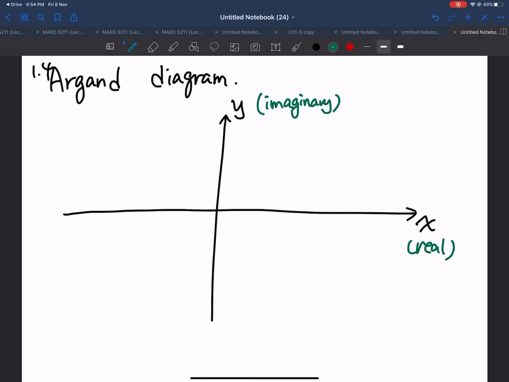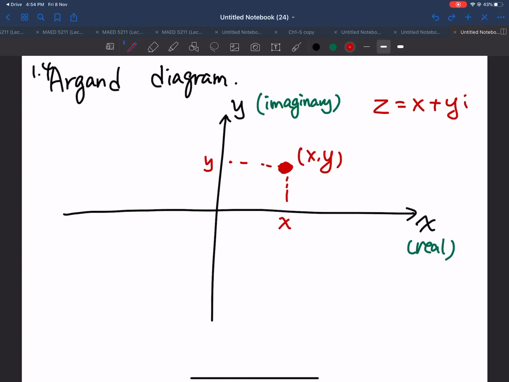So if you have a complex number in the form of x plus yi, then in this graph, this point represents this complex number of x plus yi, because it is z, the complex number.